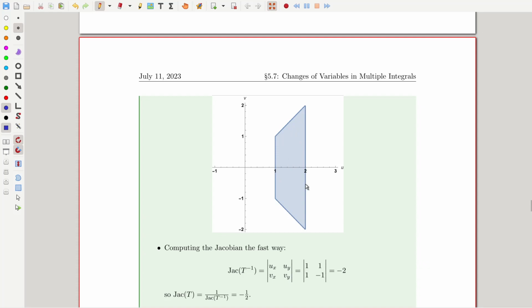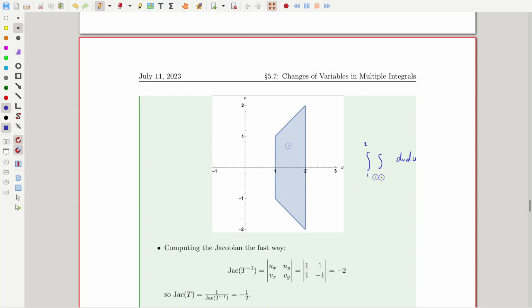So the way you define this kind of integral, let me just mention it here off to the side, I do it below. The way you'd integrate over this region is u goes from 1 to 2. That's pretty clear. And then for v, you want to notice that at 1, the value is -1, and then at 2, the value is -2.